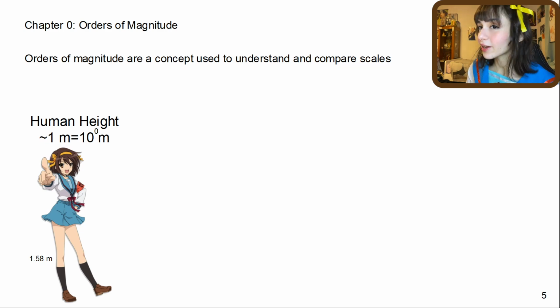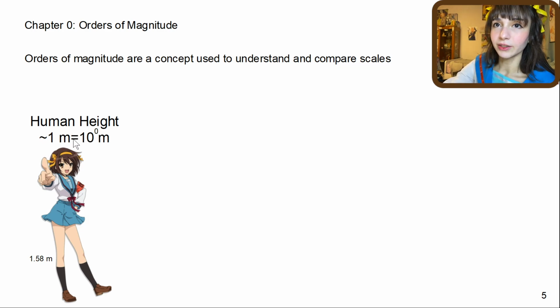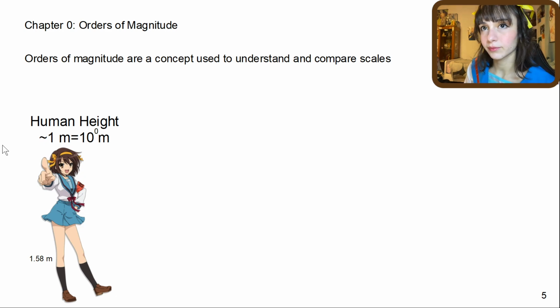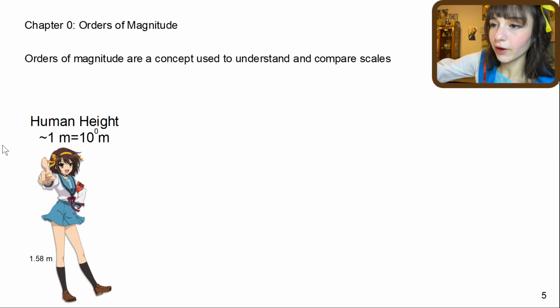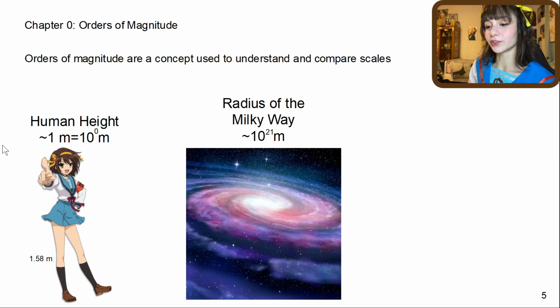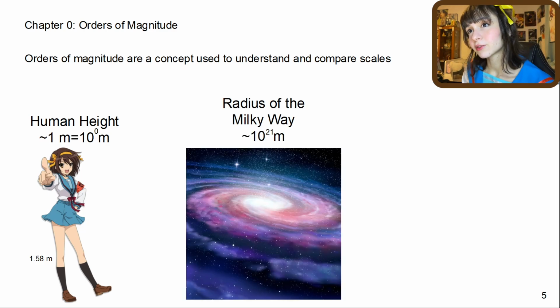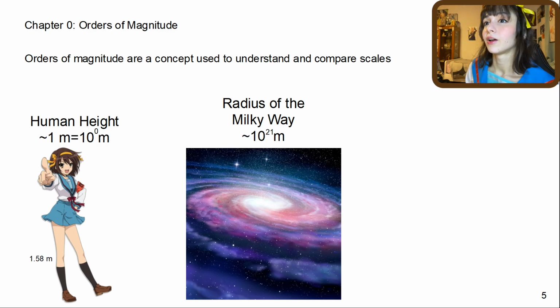But yeah, our title character, Haruhi, is 1.58 meters, which puts her in the order of magnitude of 1 meter, so 10 to the 0 meters. Comparing that to a way larger thing, the radius of the Milky Way, which is estimated to be about 10 to the 21 meters.